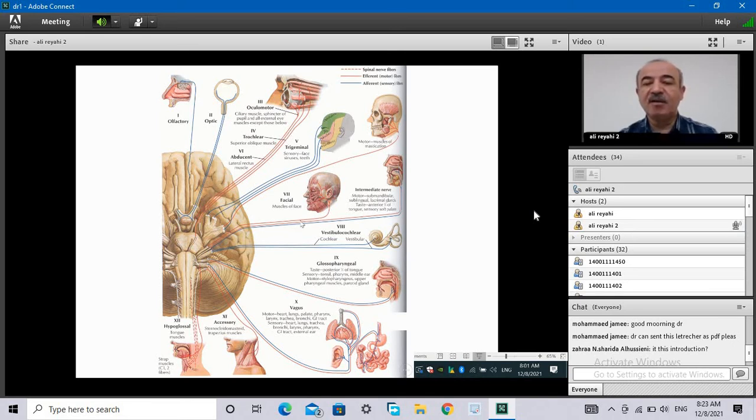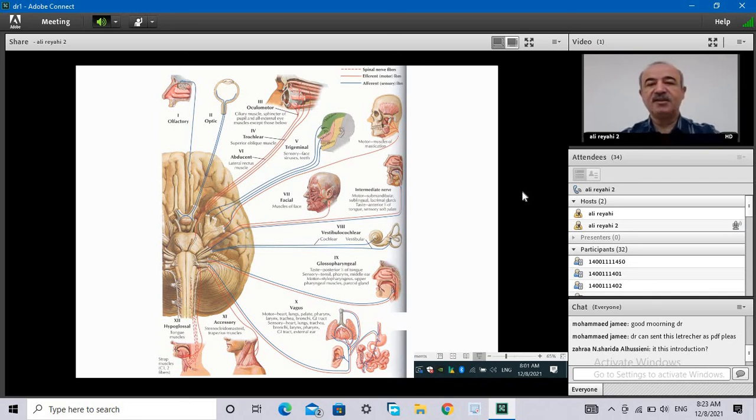But some cranial nerves contain both sensory and motor fibers, and 4 of the cranial nerves contain parasympathetic fibers in addition to the sensory and motor fibers.